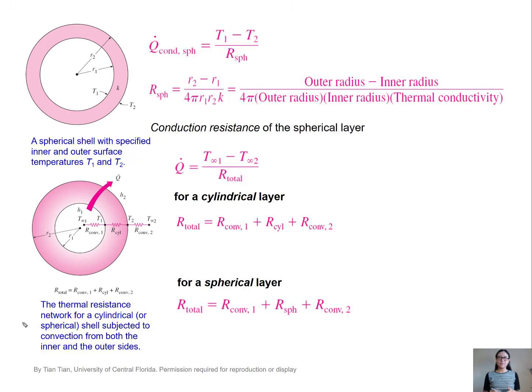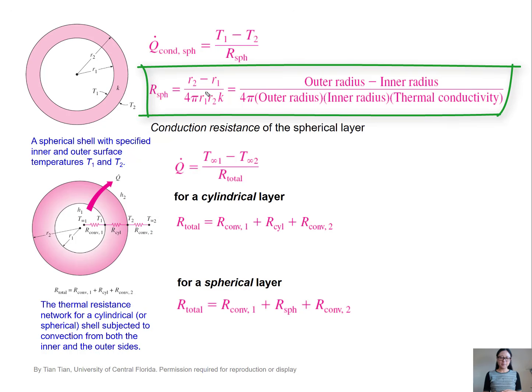Similarly, we can derive the conduction resistance of a spherical layer. It is r2 minus r1 divided by 4 pi r1 r2 k. Now let's go back to the original problem. We have this cylindrical pipe, hot water inside, cold air outside. So the total resistance is the summation of these three resistances.